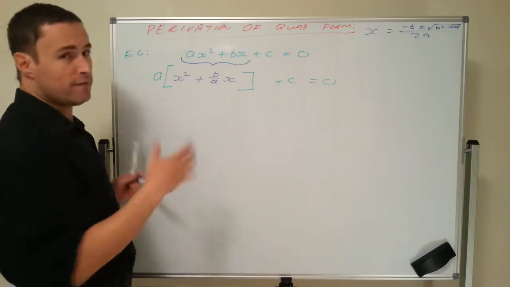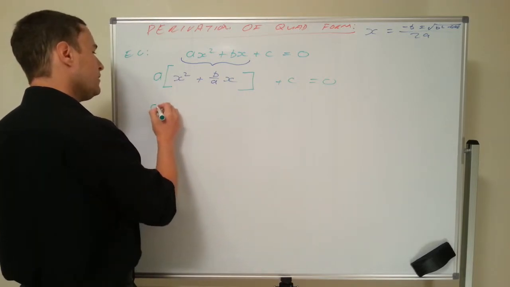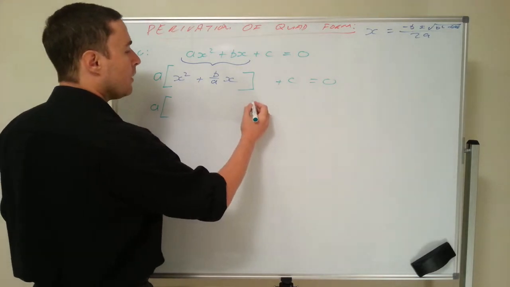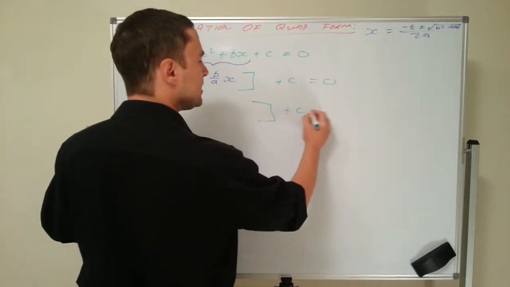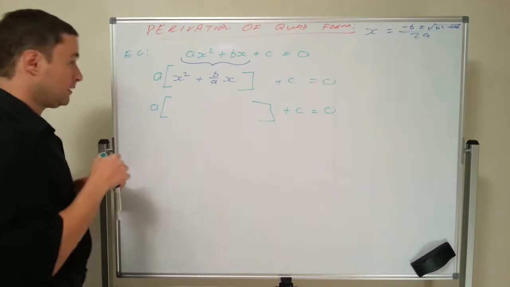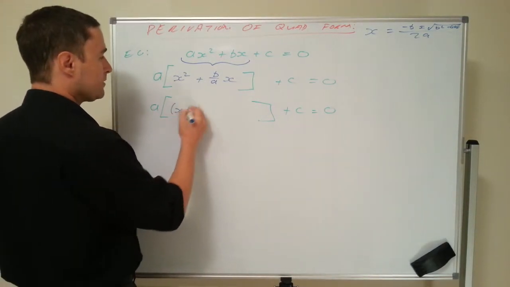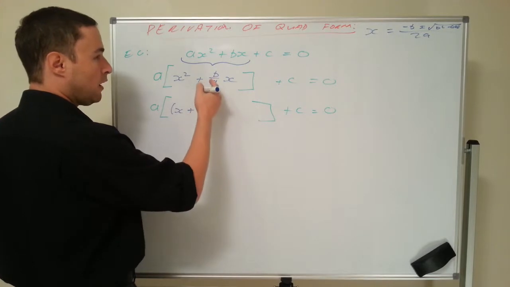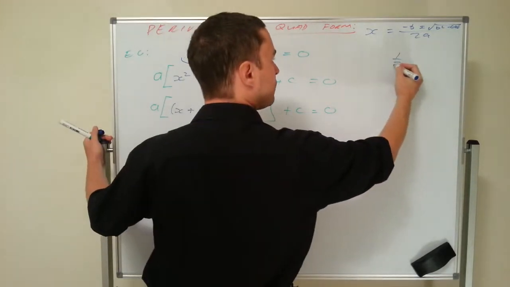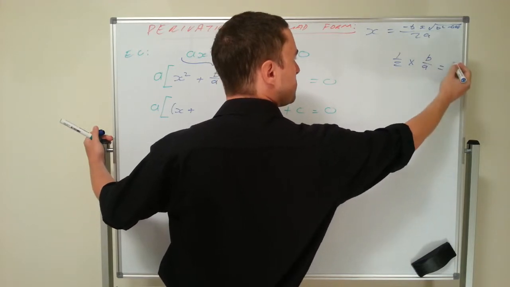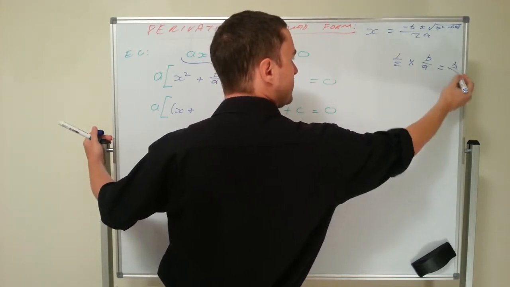Alright, fantastic. Well, let's leave this a over here, and let's now complete the square on the x parts, plus c equals 0. So if I complete the square on the x parts, I've got x, same sign, plus half of that. Half of b over a. 1 times b is b, 2 times a is 2a.